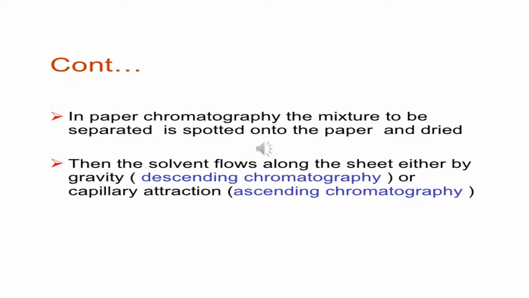In paper chromatography, the mixture to be separated is spotted on the paper and dried. Then the solvent flows along the sheet either by gravity, that is descending chromatography, or by capillary action, that is ascending chromatography.